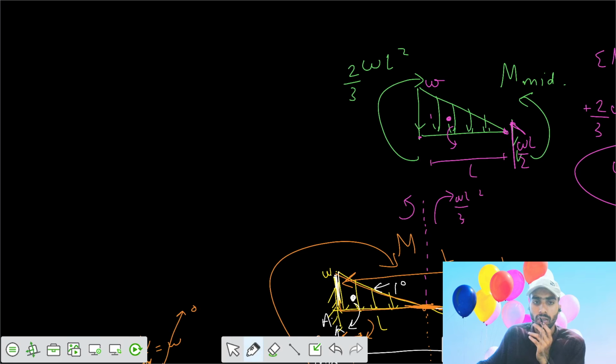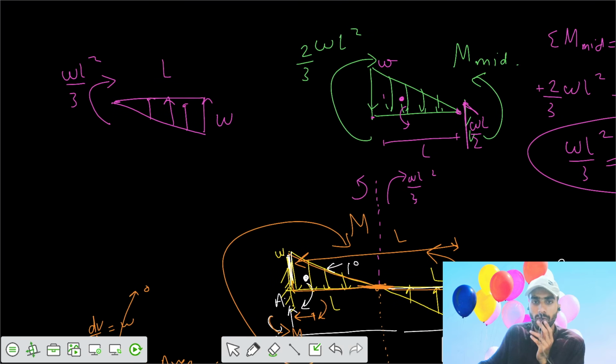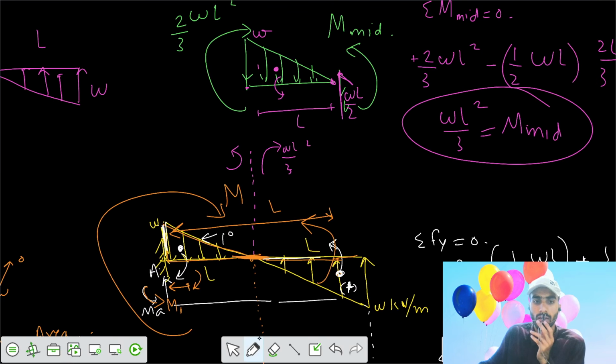So if we have this section now, your intensity is W over length L, and your moment here is a clockwise moment of WL square by 3. And your shear force at the mid part: here the shear force was upwards, here the shear force would be downwards, WL by 2.